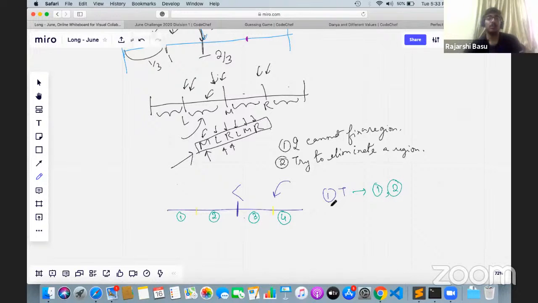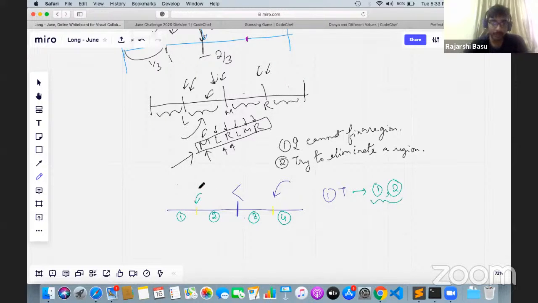Okay. Now, what you can do is query at this place. Whichever point it was, if it was telling the truth, then 1 and 2 are likely to be eliminated.